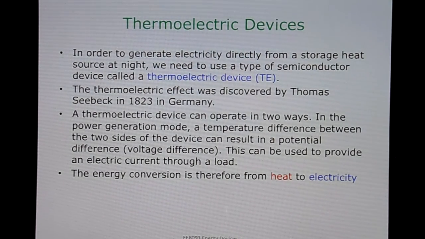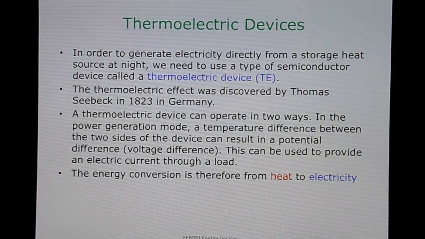So one side is hot and the other side is cold. And because of this temperature difference, we get a potential difference or voltage difference across the device. And this voltage difference is what we use to drive an electric current through a load. A load could be as simple as a resistor.